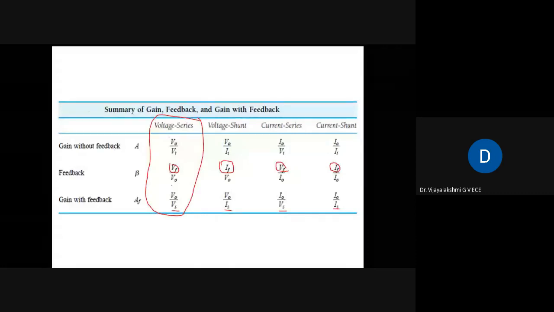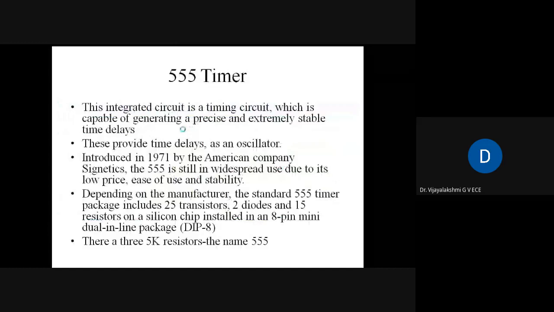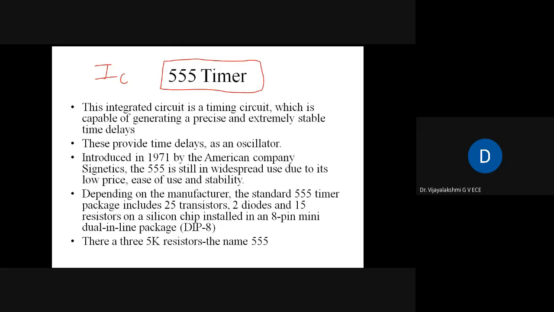Now the next part of this module is the details about an IC called the 555 timer. This is an integrated circuit, and the name of this integrated circuit is 555. I'll tell you why it is called 555, and usually we call this a 555 timer.